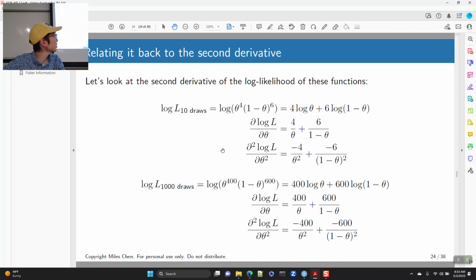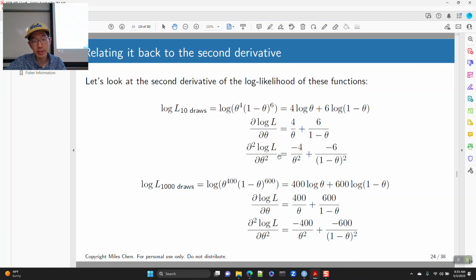Okay, so here, I take the second derivative of our likelihood function when we have 10 draws. I take the second derivative of our likelihood function when we have 1,000 draws, or I guess the log likelihood. Over here I have 4 log theta plus 6 log 1 minus theta. My derivative is 4 over theta plus 6 over 1 minus theta.